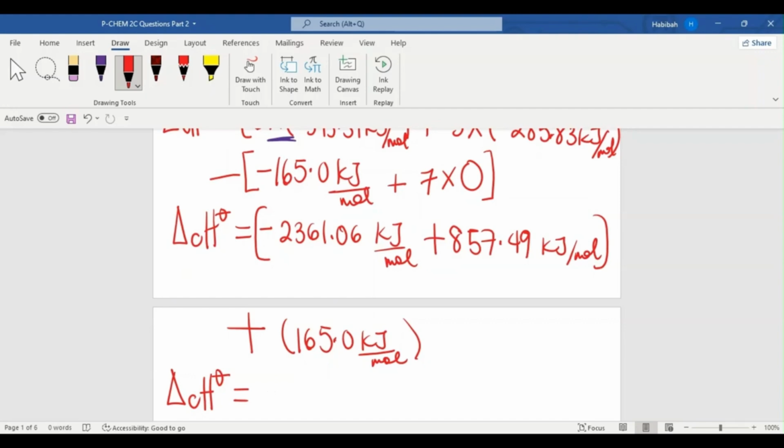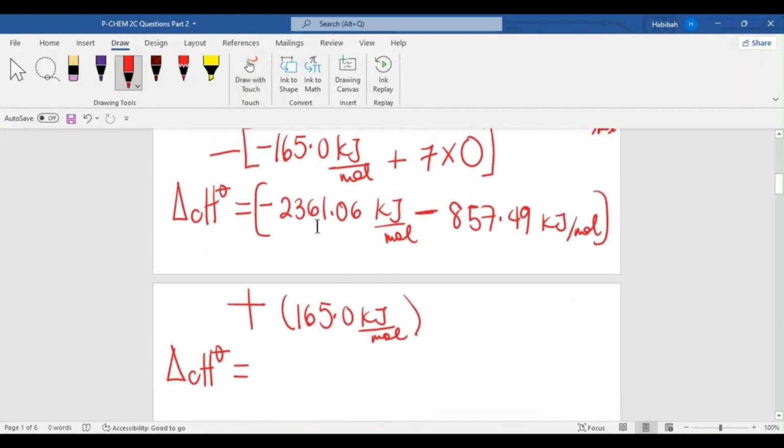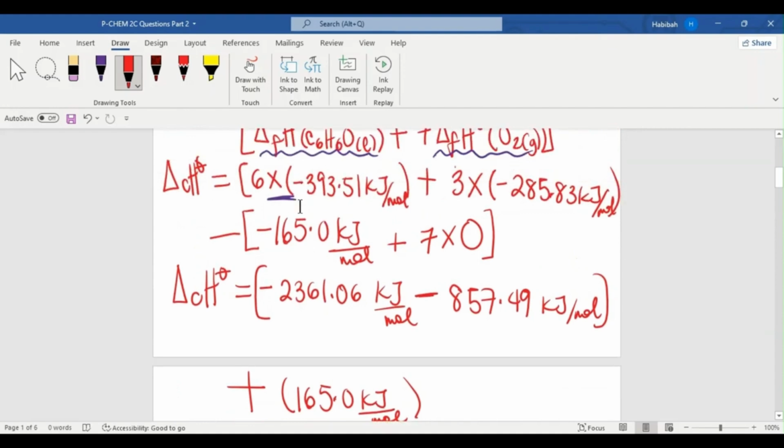give me a second. You know what I just realized? I just messed up. I put a plus here, which shows the importance of looking back at your work. I put a plus here when 3 times negative 285.83, I should have put a minus here. So that would be negative this, negative that. So negative 2361, because negative 393.51 times 6 is what this is, plus negative 285.83 times 3.